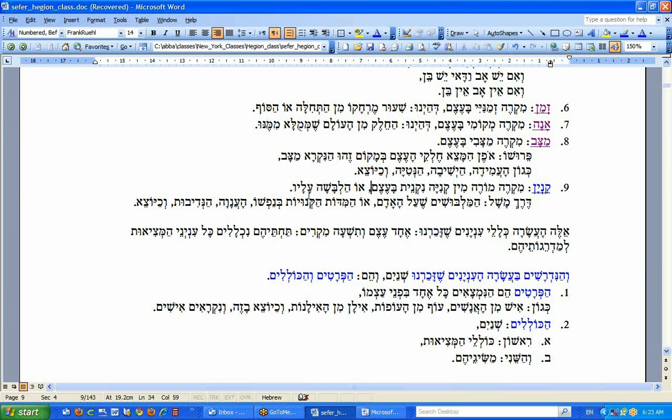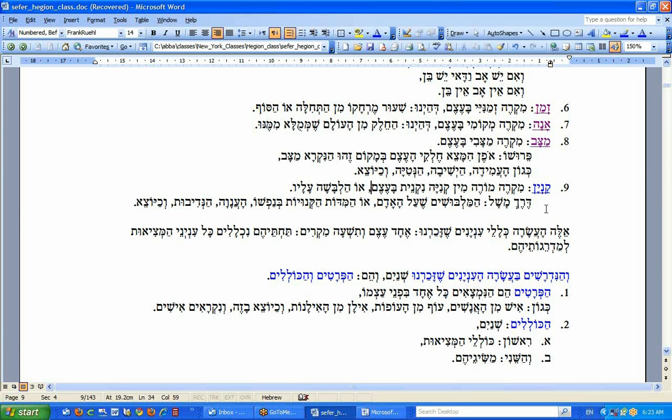Hamalbish al adam, clothes on a man, o hamidos haknios benafsho, or the good personality traits, I hope. Could be better ones too, but anyway, the personality traits that he acquires to his being, or like anava and nedivos, humility and helping out people, kiyotzi b'zeh.